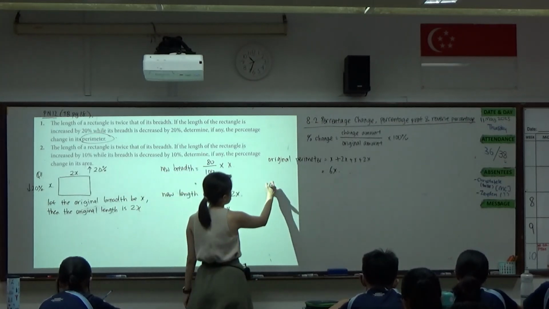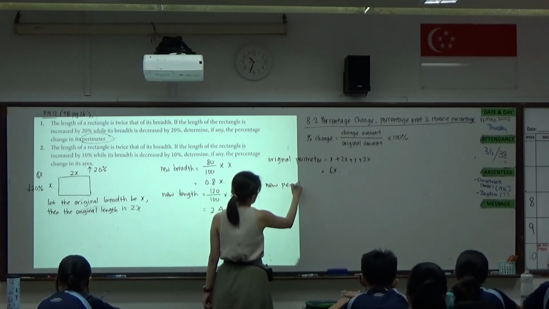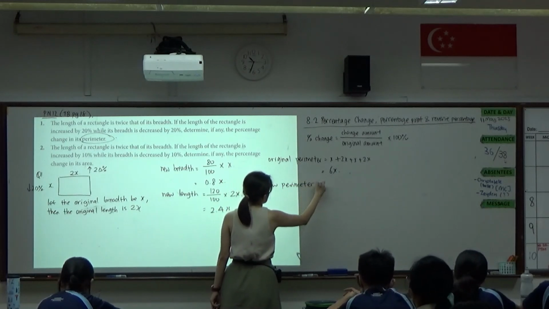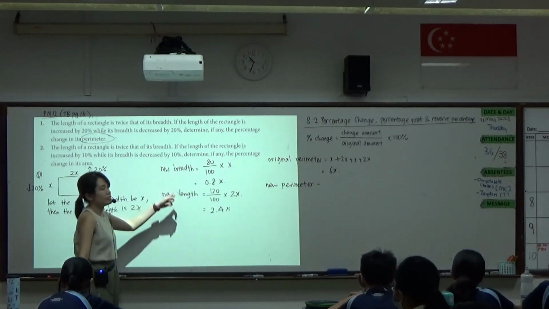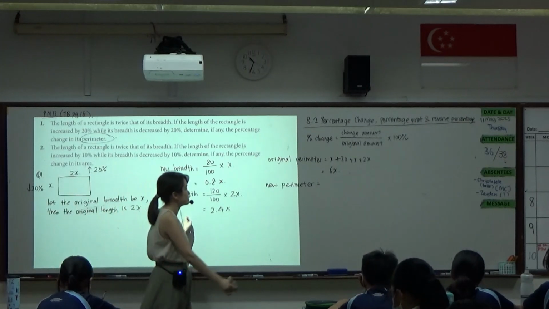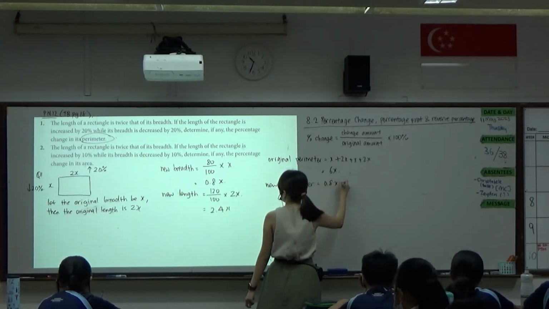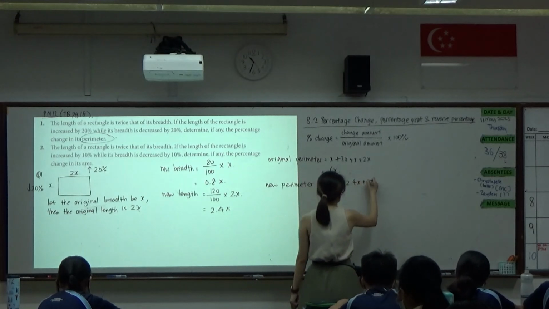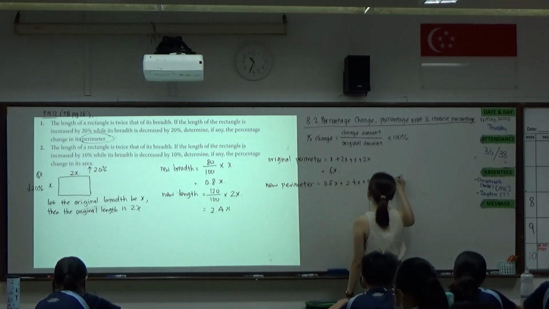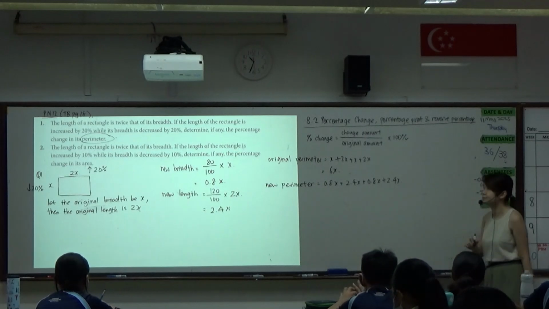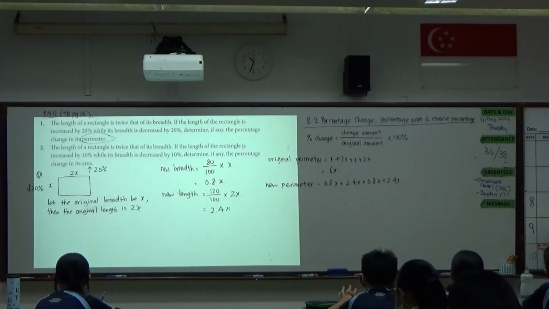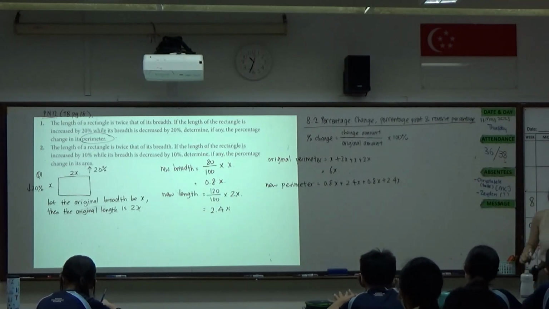Then we find out what the new perimeter is, which is using the new breadth and the new length. And we will get 6.4x.